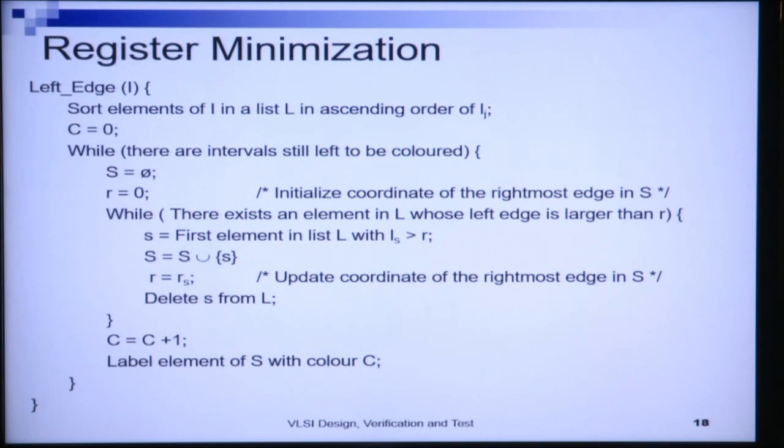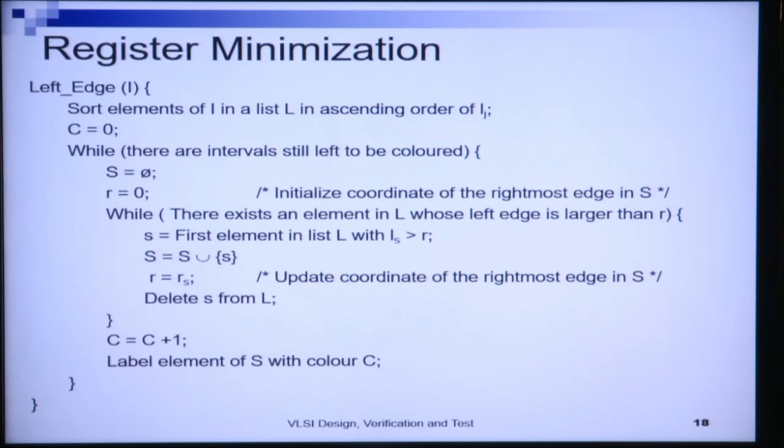So, now I change the rightmost edge in my hardware register R to the right edge of the current temporary register that I have just allocated to S, because the next temporary register that can be allocated to S will have a left edge which is greater than Rs. Otherwise, their intervals will be overlapping and I will not be able to allocate in the same hardware register.